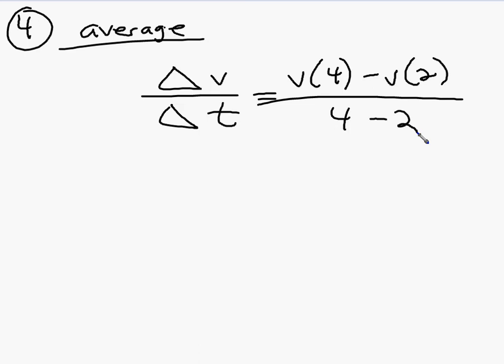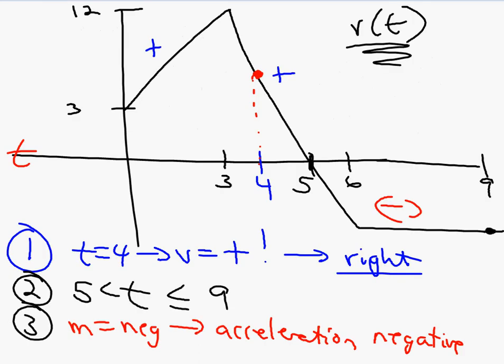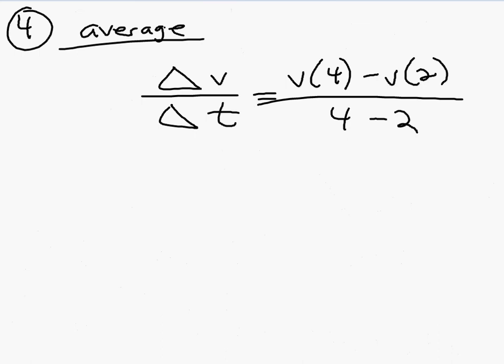Now my graph isn't as good as yours, but I can see that v of 4 is 6. Yes, v of 4 is 6. v of 2 is 9. And then I have 4 minus 2. All right?